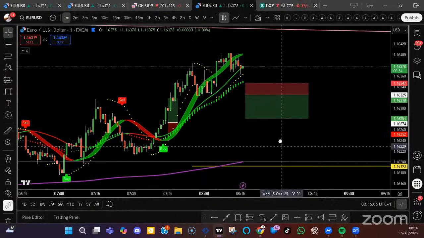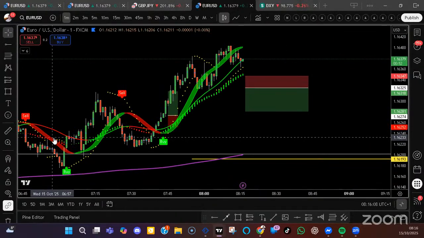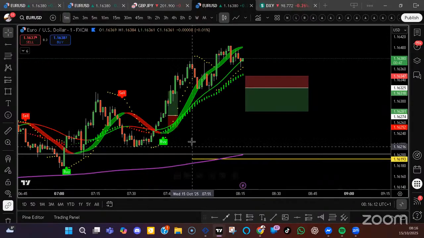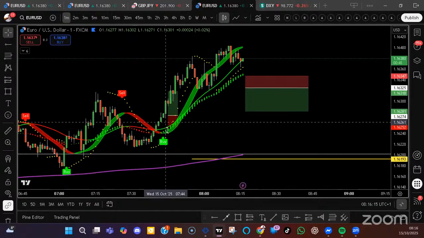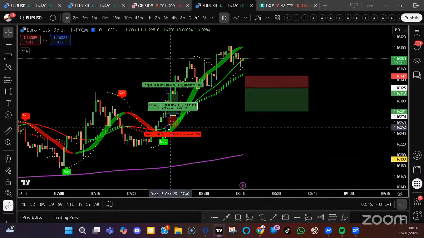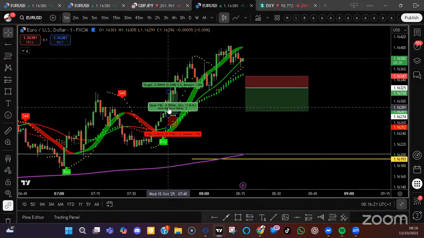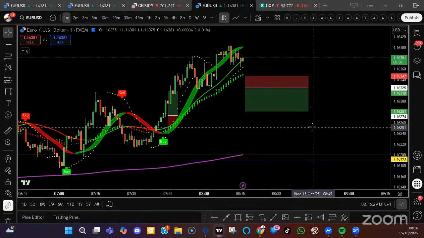But price went in earlier on, price went into the buy zone. So a buy, that's where we put the stop loss. 2.2 pips, you might have missed it a little bit and gone up here somewhere, which is fine because in hindsight, you still would have got your 2%.